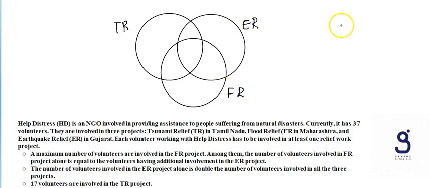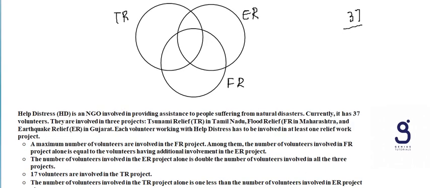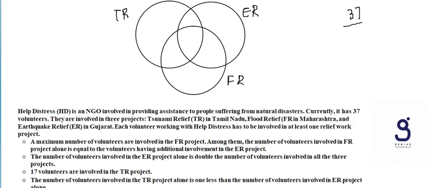Additional information given is that all 37 volunteers are involved in at least one project, and the maximum number of volunteers are involved in the FR project. The number of volunteers involved in FR project alone is equal to the number of volunteers having additional involvement in ER project. That means this part is equal to this part.